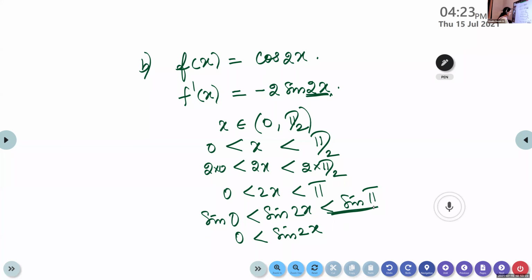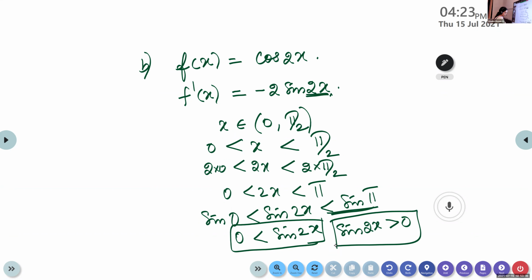So you consider only this part. This part is enough for deciding the sign of sine 2x. 0 is less than sine 2x. That means sine 2x is greater than 0.